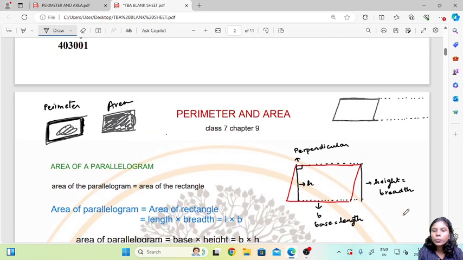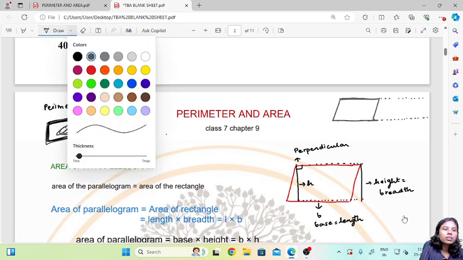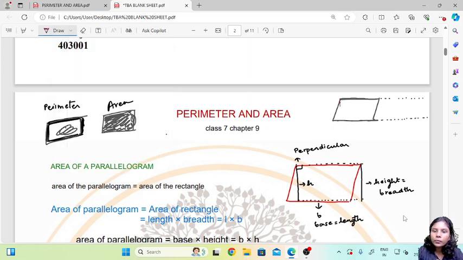Now why so? If you just draw an extending line from here, and I draw another extending line from here and then I join this, what we can see is that this is basically a rectangle.